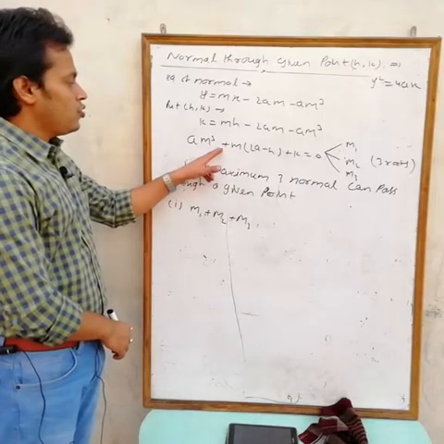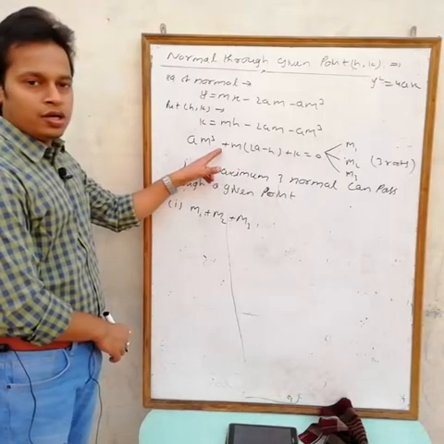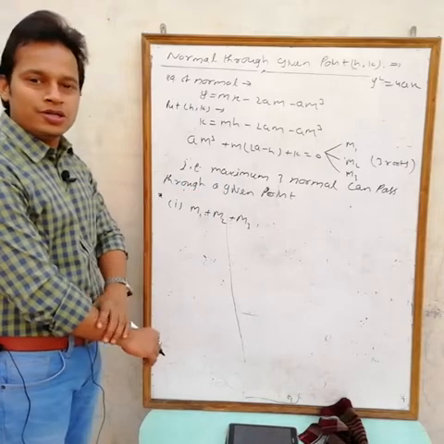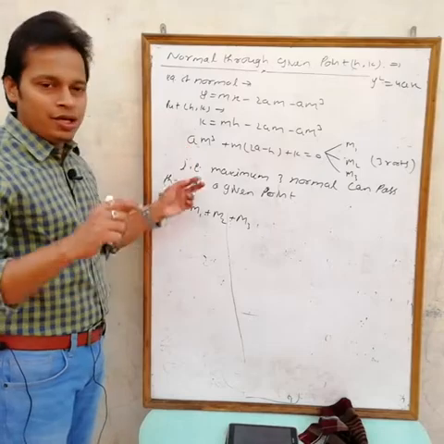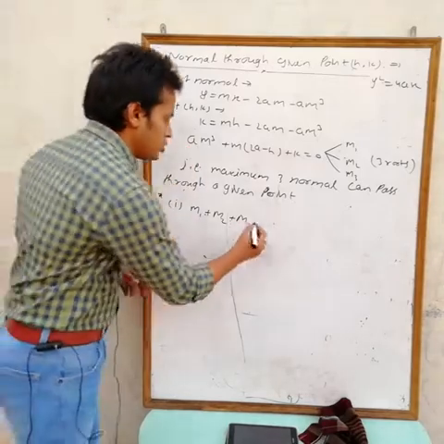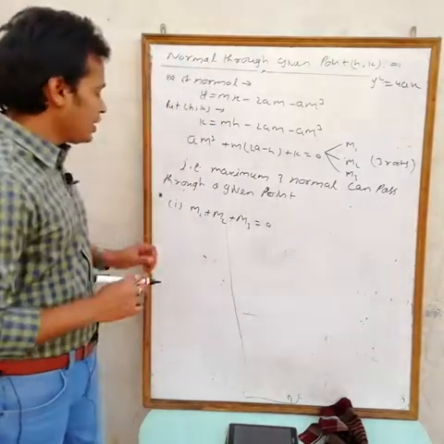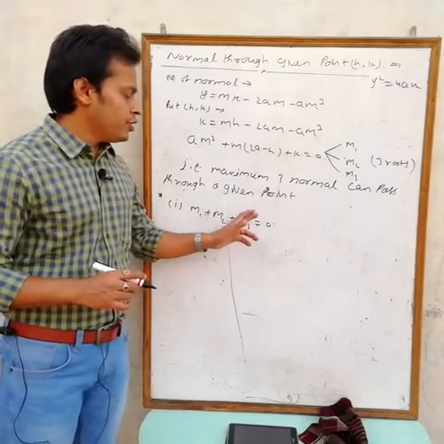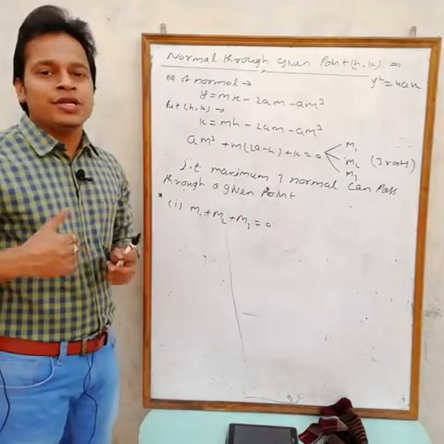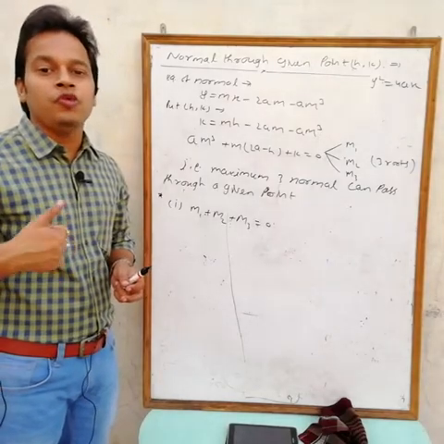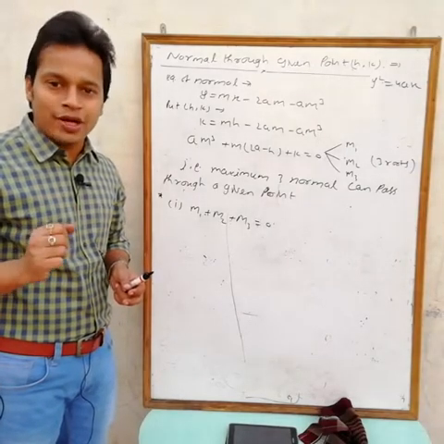There is no term containing m square, so the coefficient of m square is 0. So the value is minus b by a, where b is 0. So the total is 0. It means the sum of slopes is equal to 0. Here m1, m2, m3 are the slopes of the normals which pass through h comma k.